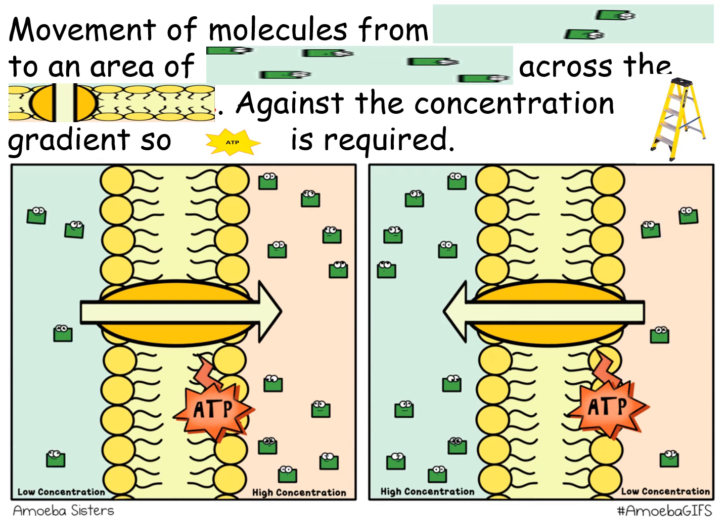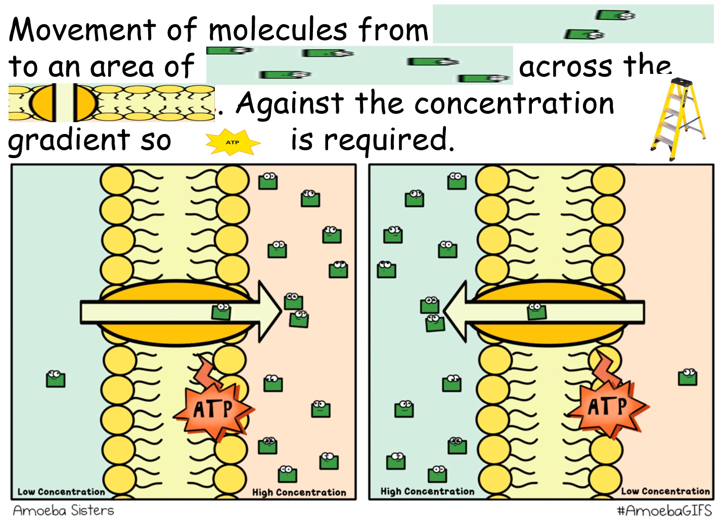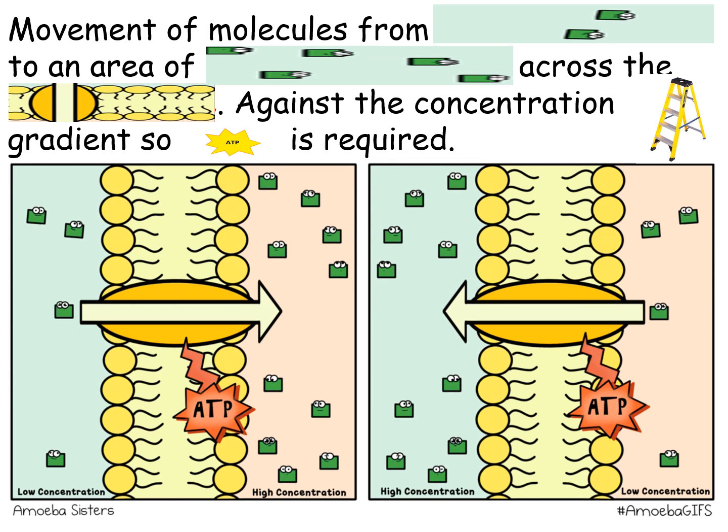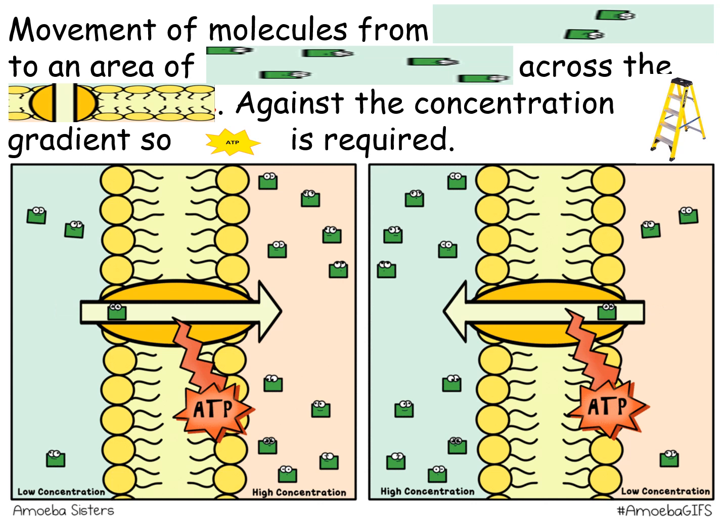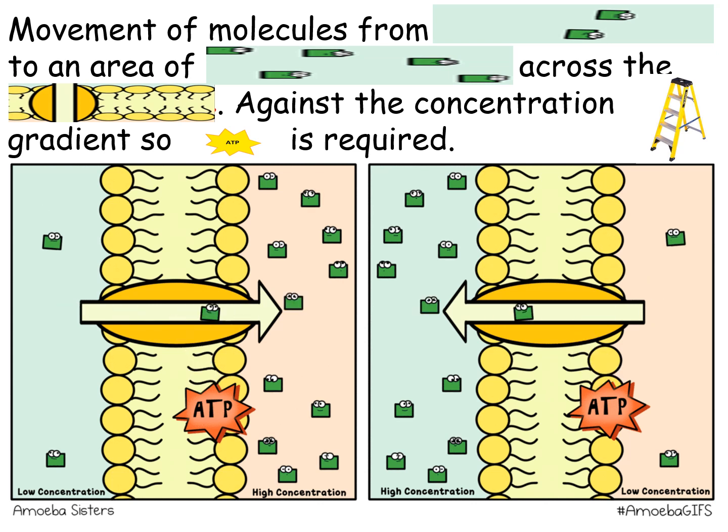These mineral ions occur in the soil in a much lower concentration than is already inside the cell. So this means the ions have to be transported against the concentration gradient, moved from a low concentration to a higher concentration.